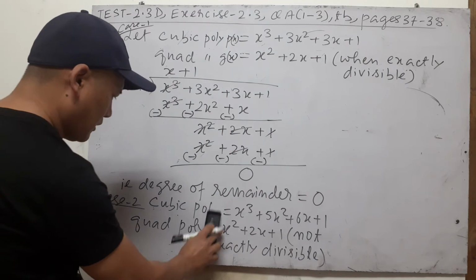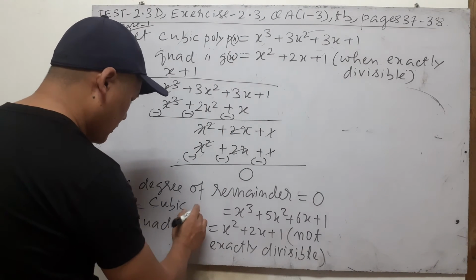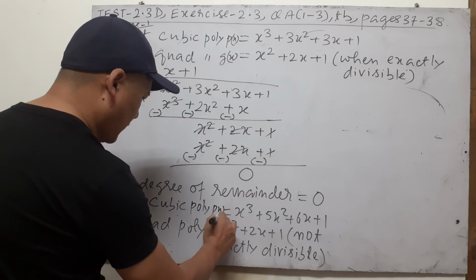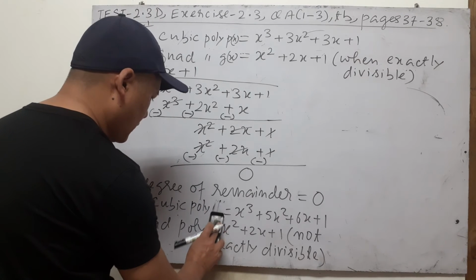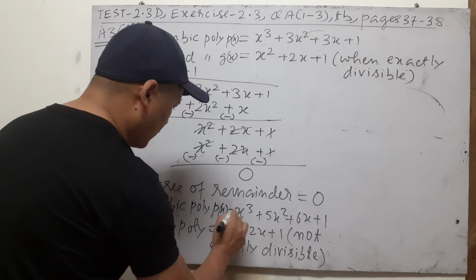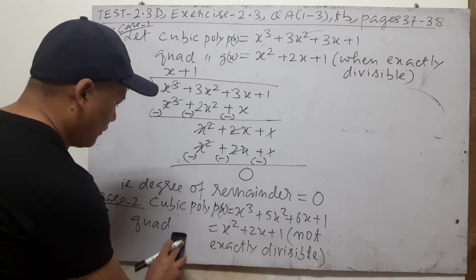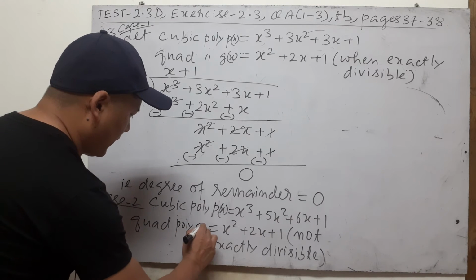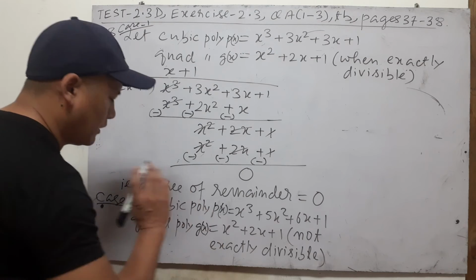So the cubic polynomial is divided by the quadratic. Let the cubic be p of x, because p of x usually denotes the dividend, and the quadratic polynomial divides the cubic, so it will be the divisor g of x.